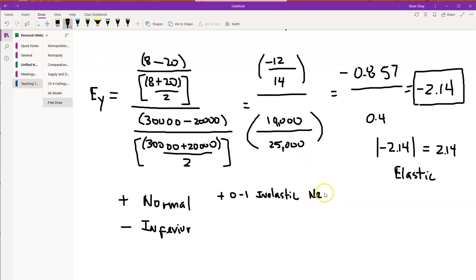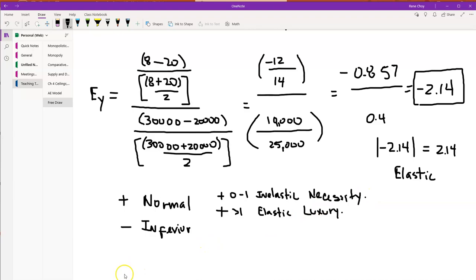So this is a necessity. Now, if you end up with a positive number that is greater than 1, then we're going to have an elastic relationship, and this is going to be a luxury. Or considered a luxury, at least, depending on your income behavior.